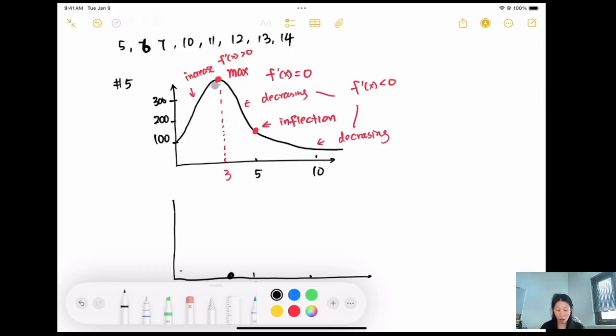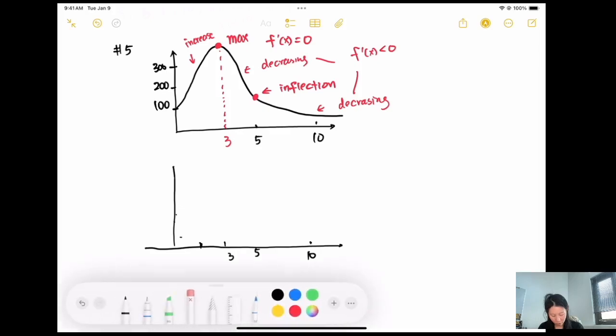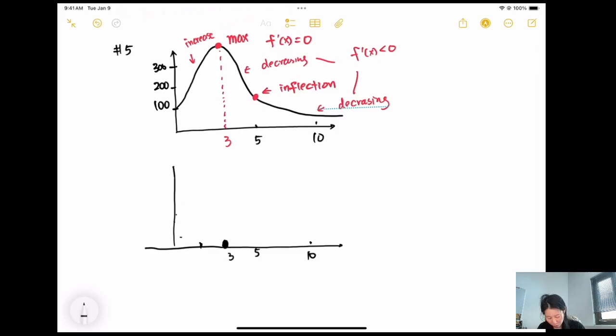So that means the first derivative is going to be positive, but it will slow down until it hits 0. So here is our maximum point. We know that at the maximum this equals 0.